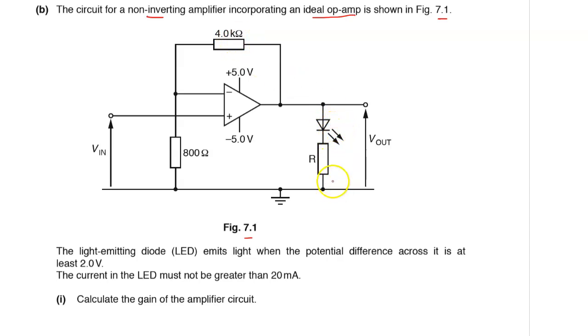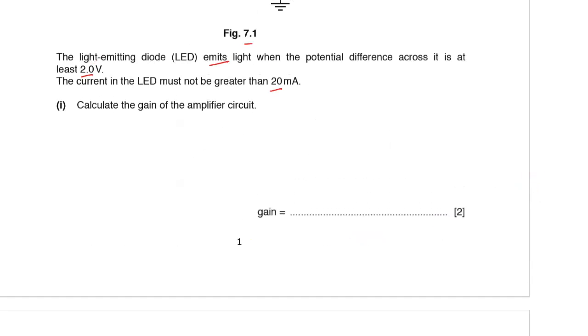Light emitting diode, the resistance of 800 ohms, V out and V in. The light emitting diode emits light when the potential difference across it is at least 2 volts. Below 2 volts, it will not emit light. The current in the LED must not be greater than 220 milliamps. So that is a condition.